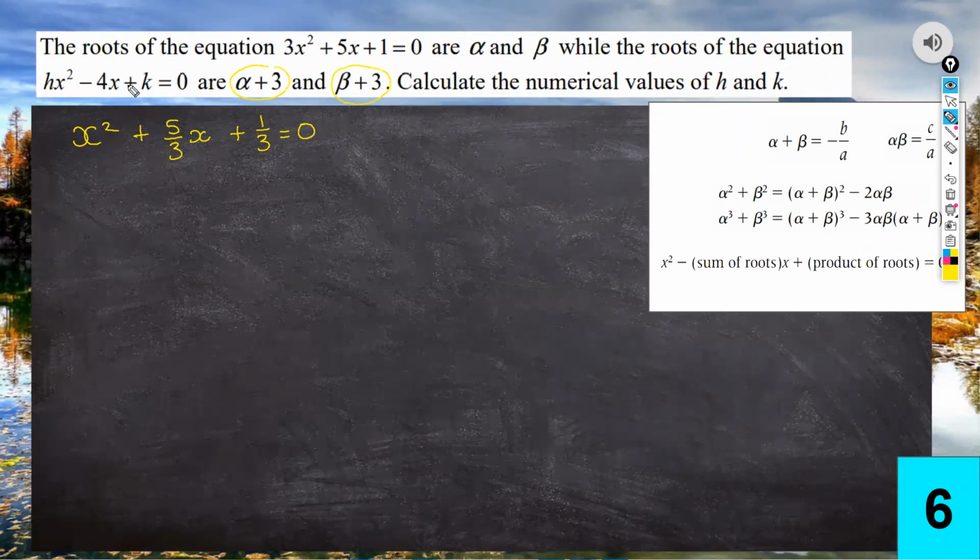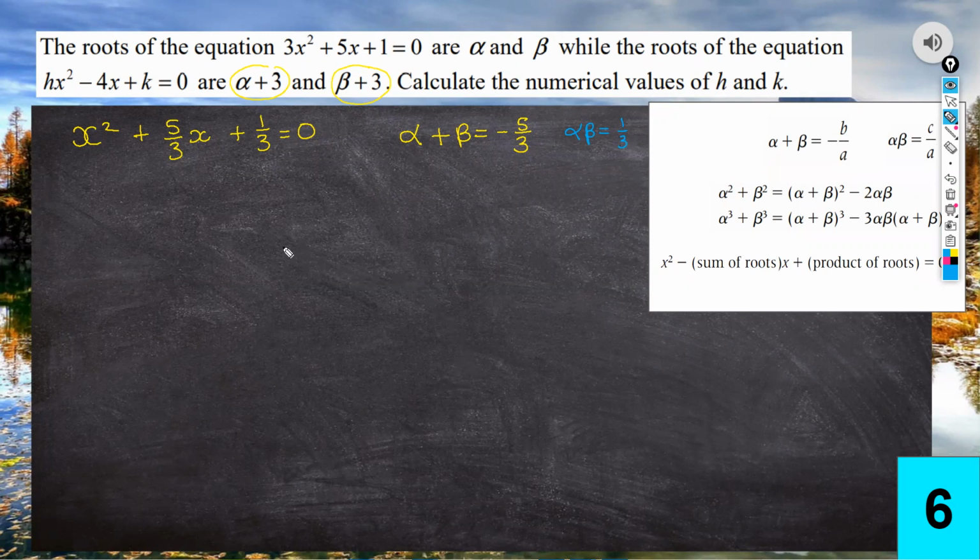You don't even have to pay attention to this statement while you are doing the working. When you add alpha and beta, you're getting -5 on 3, and if you multiply alpha by beta, you will get 1/3. Everyone okay up to there? We're far from finishing the question.